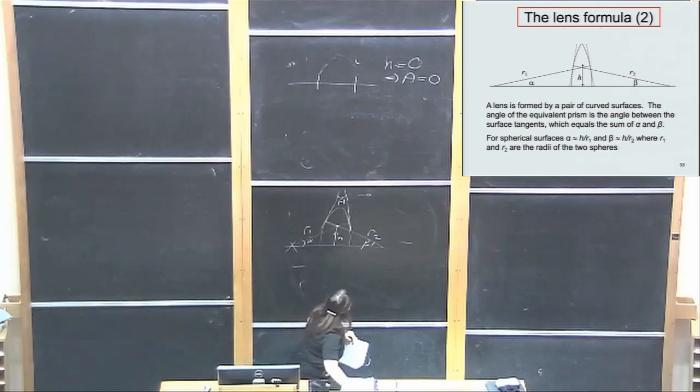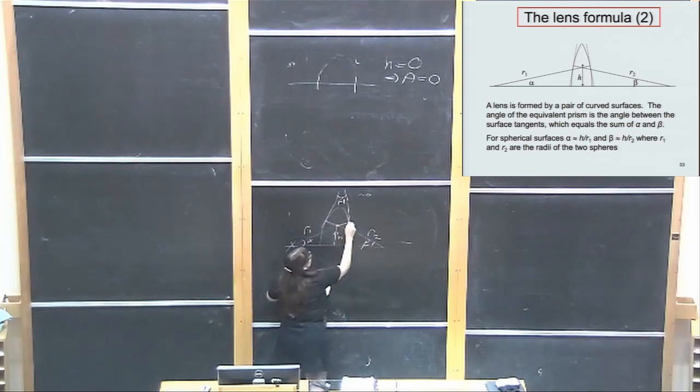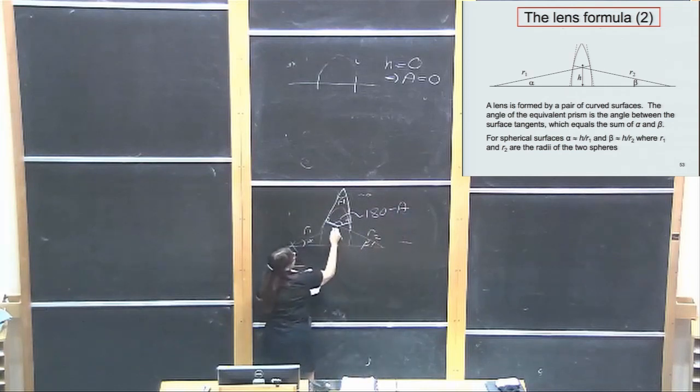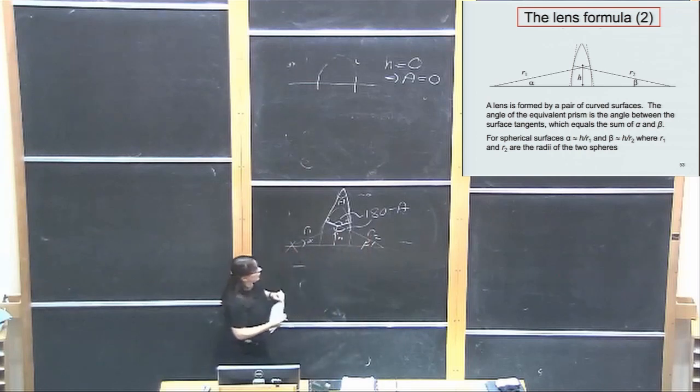Now, hopefully you can see that this, if I'd drawn it well, is a quadrilateral, okay? These are the tangents to the sides of the lens, so that's a right angle. That's A, and therefore that angle is 180 minus A, and therefore so is that angle. Okay, hopefully you can label it on better than my diagram.